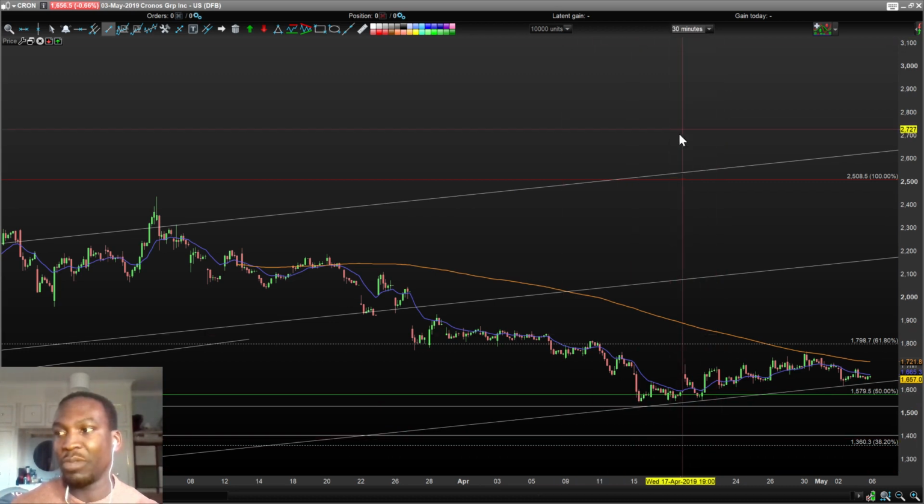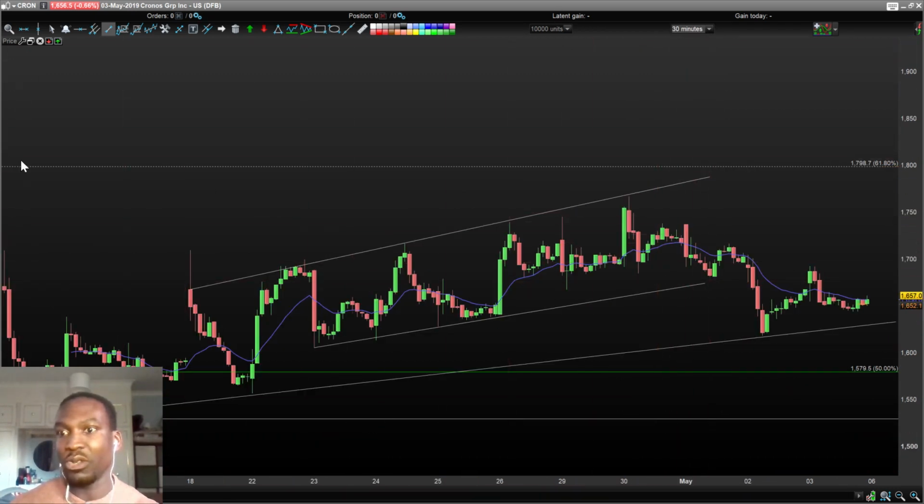So on the 30-minute chart, you have to assume price from this top left hand corner has just been falling, and then it started consolidating and making a little channel pattern within the 30-minute price range. As you can see, I plotted these lines here to show that there was a channel pattern being formed.